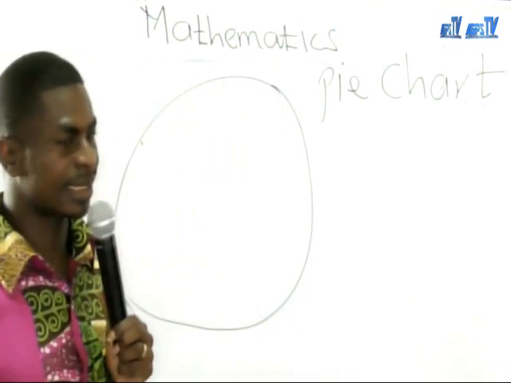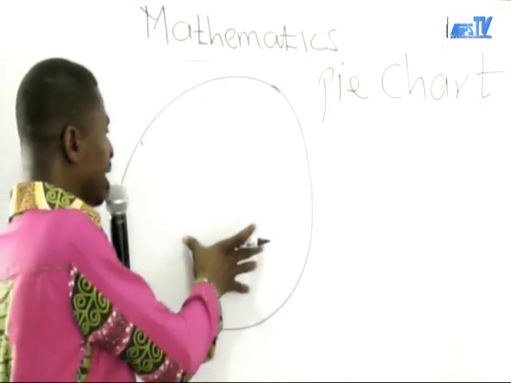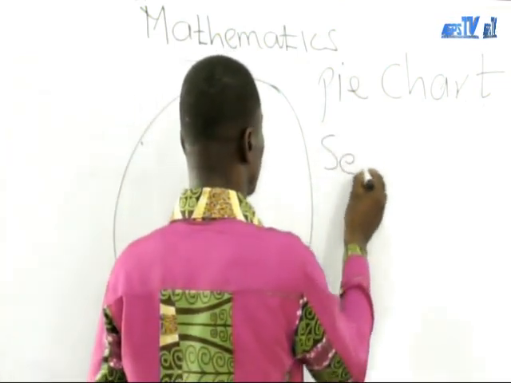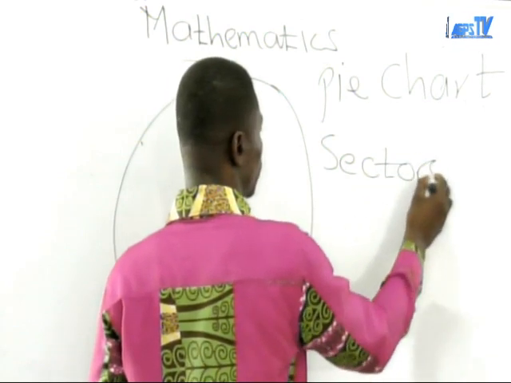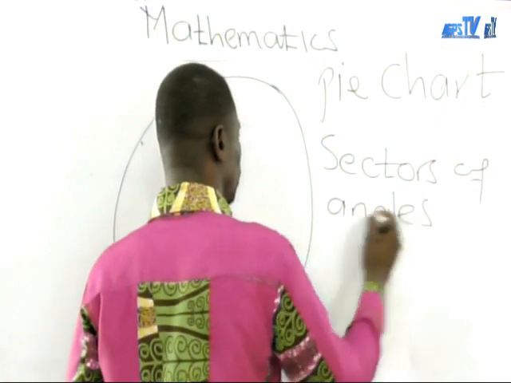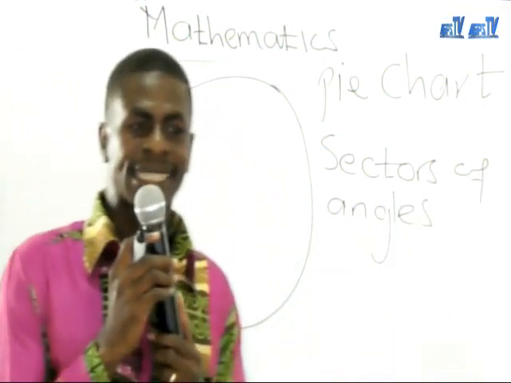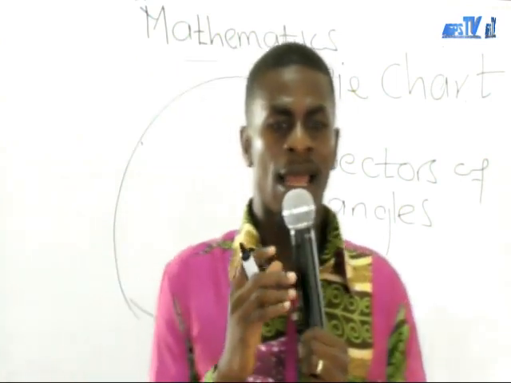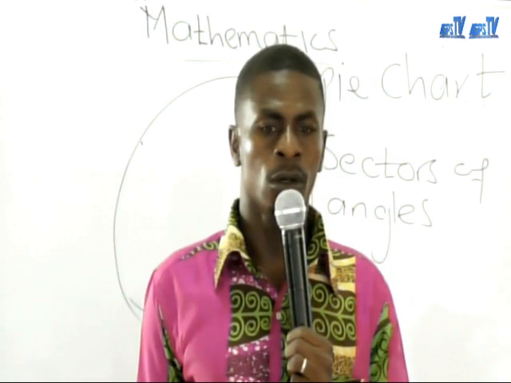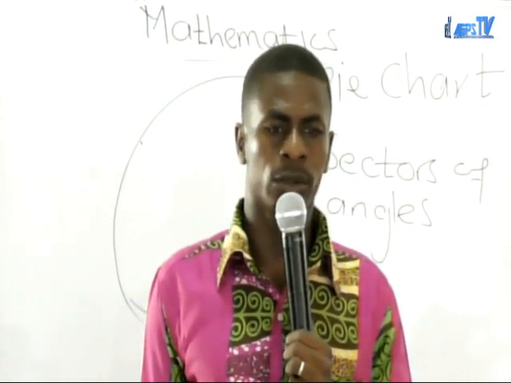And for pie charts, we are going to present them in sectors of angles. And a sector simply means a place bounded by two radii.